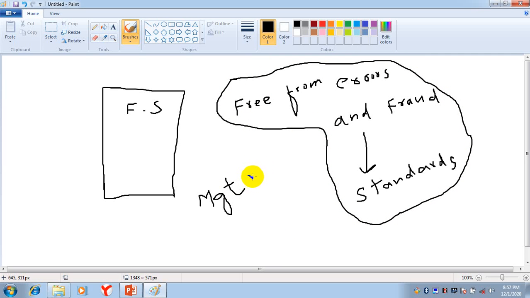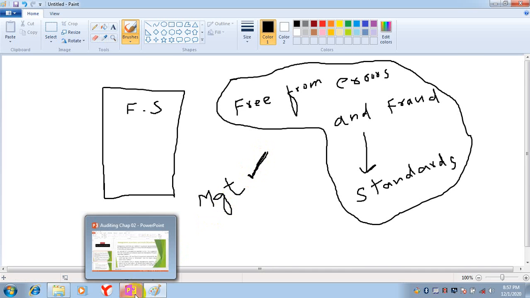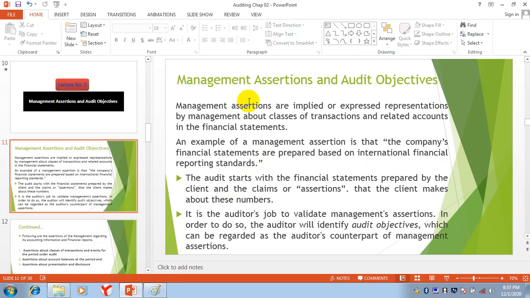The claim, we call it management assertions, the claims of the management. So what is management assertions? Management assertions are implied or expressed representations by management about classes of transactions and related accounts in the financial statements.